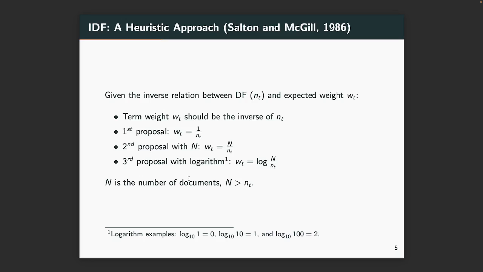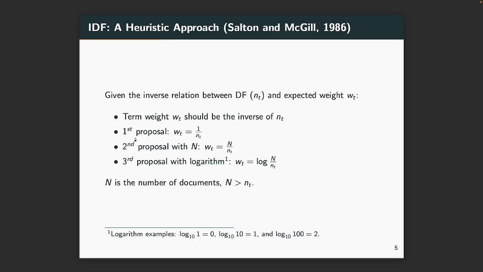So this actually captures the inverse relation. NT, again, is the document frequency, or how common the term T is, and then we just invert it to get the weight. This may work. There's just one problem here, however. So we're looking at the first proposal, which is just to take the inverse.